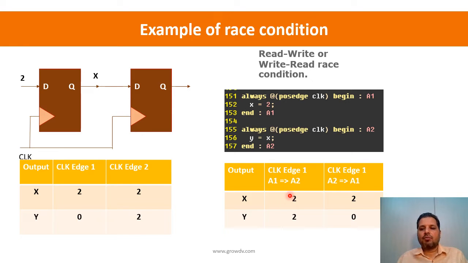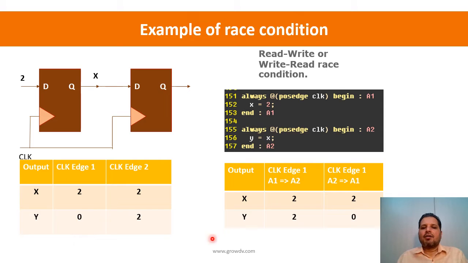That is one problem. The second problem is that on the same clock edge, if the ordering happened such that A2 executed first and then A1, then Y will sample the previous value of X, which would be 0, and X will still get the latest value, which will become 2.